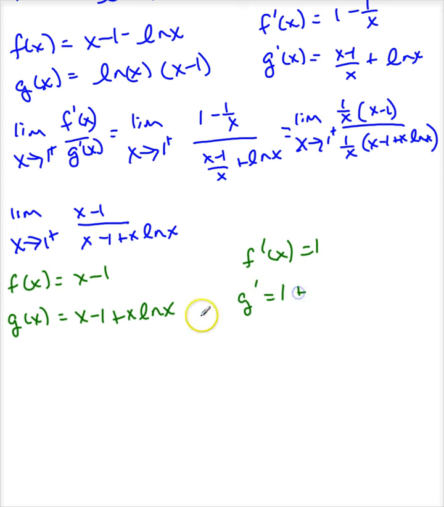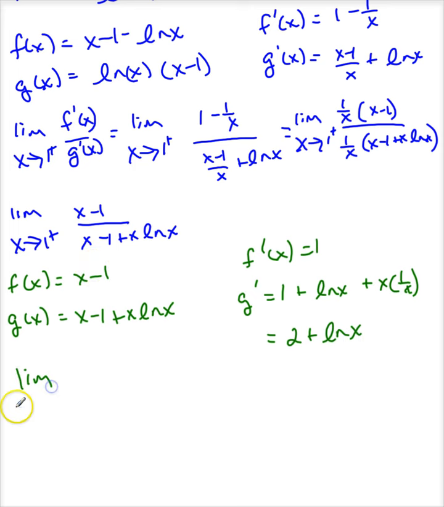Now you need to use the product rule again, so this is going to be log of x plus x times 1 over x. All right, so g prime is 2 plus the natural log of x. Now we're getting somewhere.